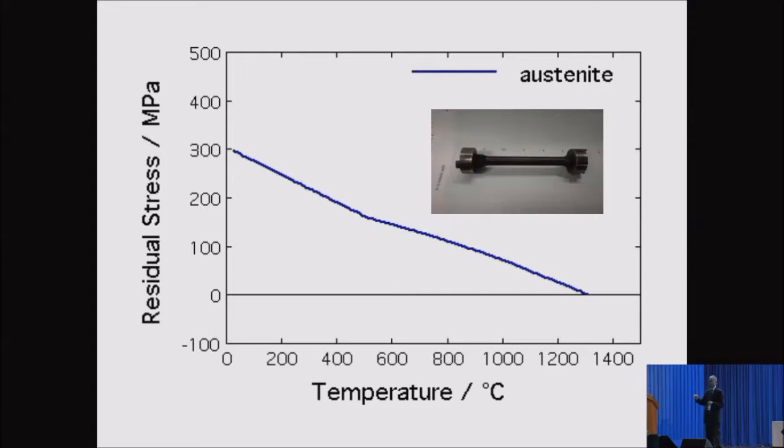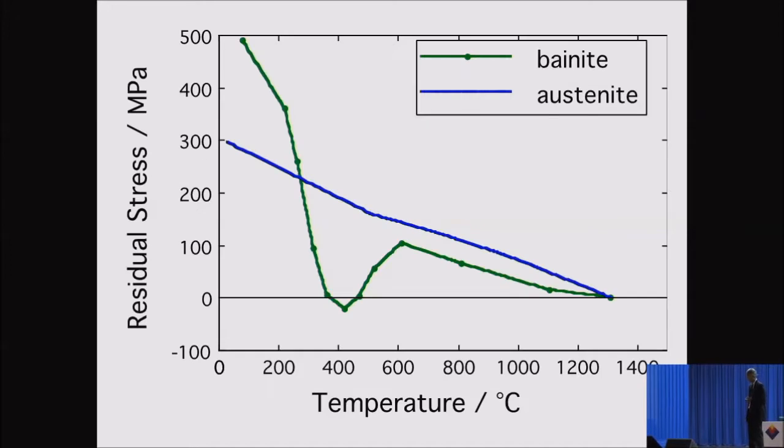Now, supposing that we take another steel which doesn't remain fully austenitic, but begins to transform at a low temperature. Here in green, we have a steel which will transform into bainite, and while it is austenitic, it builds up a thermal contraction strain, but as soon as transformation happens, the stress decreases because the deformation due to transformation is cancelling the thermal contraction.